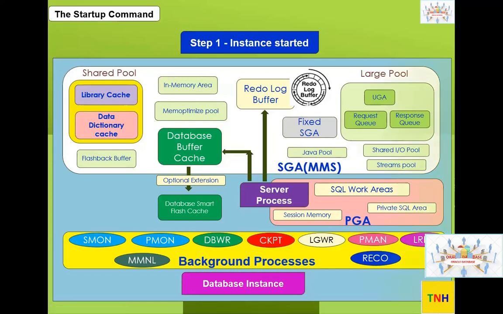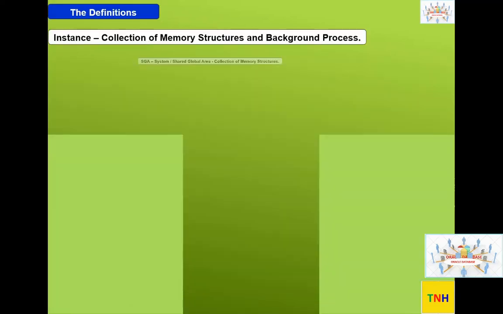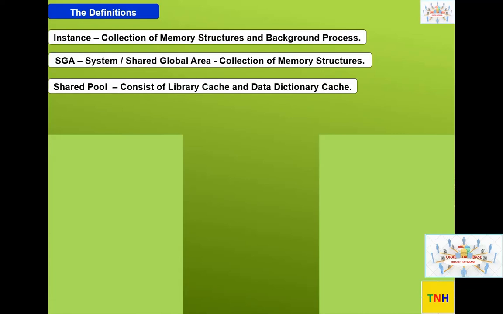So what is the purpose? Let's try to get that also as an extension to the definition, even though it is not given here. So what is the library cache? Library cache is mainly holding the execution plans of previously executed SQL statements.